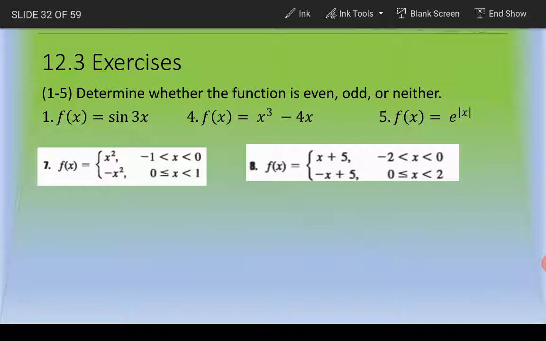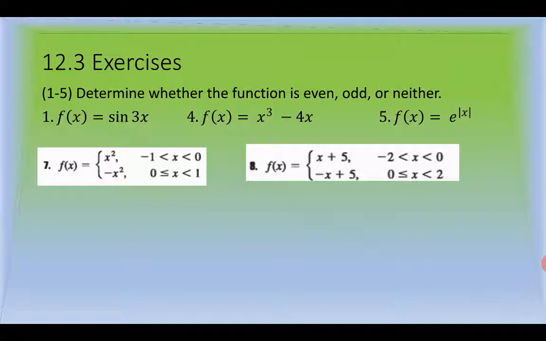f of x is given. So what is h1 of x? h1 of x is x square. h2 of x, the second part of this piecewise function, is negative x square, right? Take negative x in the first function. What happens? Minus x square is x square, isn't it?